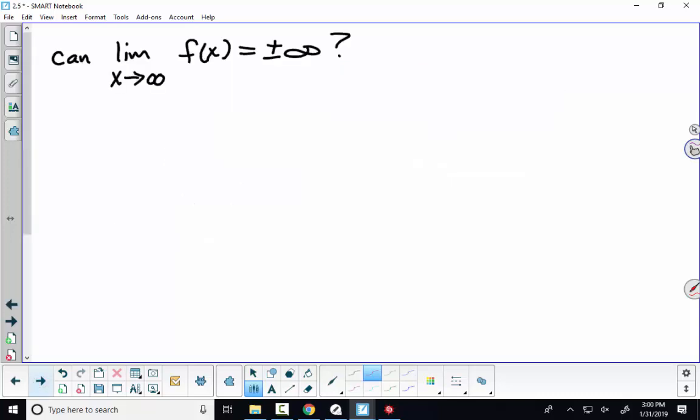Okay. We asked this question last time, but is it possible on some function for the limit as x approaches infinity to be infinite itself? Yes. What kind of functions did we mention there? Polynomials. Polynomials, right.